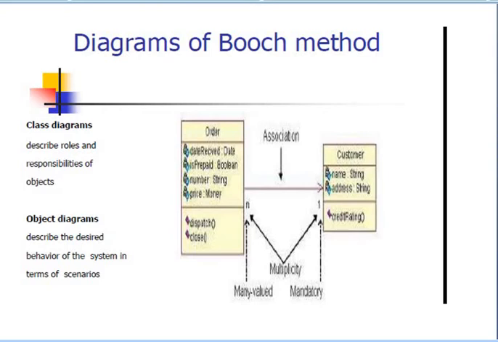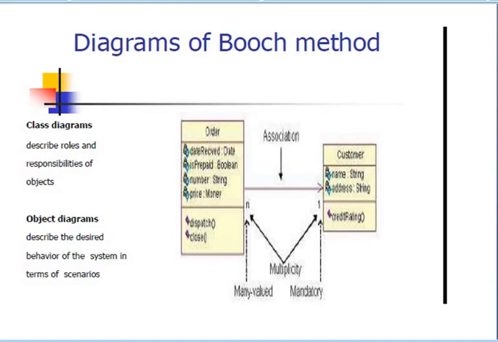This diagram is not clear, so just data is given in order as well as processes are given. This is one class, this is the association, and this is the customer class. Multiplicity relation between these 2 classes is given. Object diagram describes the desired behavior of the system in terms of scenarios.